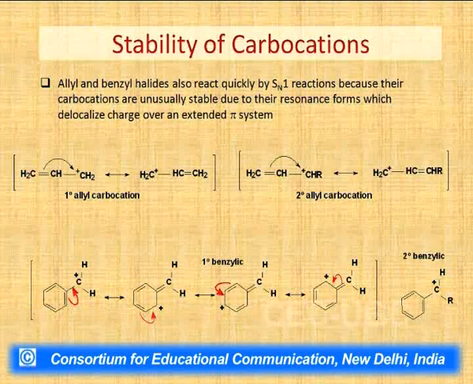You can see in the allyl carbocation there are two canonical forms, and in the benzylic carbocation there are 4 canonical forms, and the more canonical forms formed in the intermediate, the more stable that particular intermediate will be. So, benzylic carbocation will be more stable than the allylic carbocation.